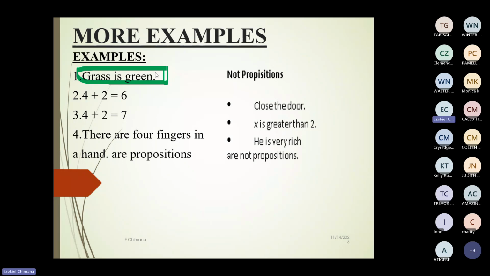Okay, what about others? Grass is green. Is it a statement? Is it a proposition? I think you need to prove that the grass is green, so maybe it's not a proposition.